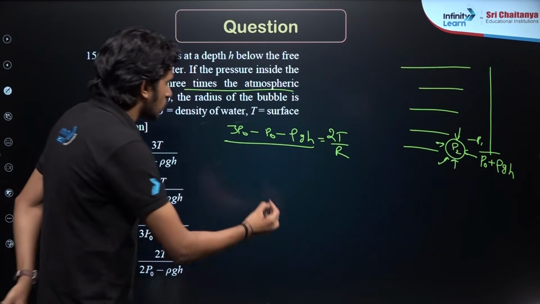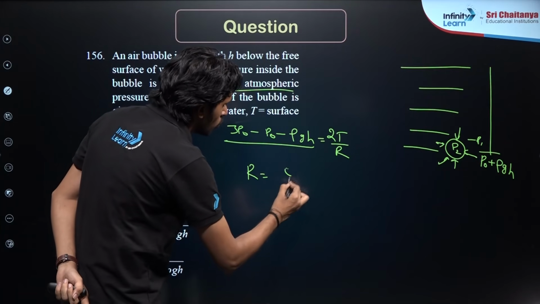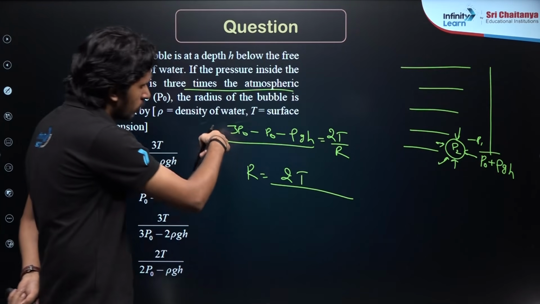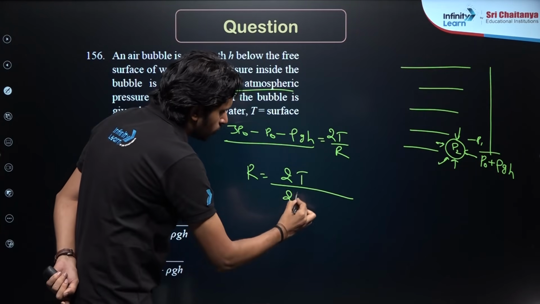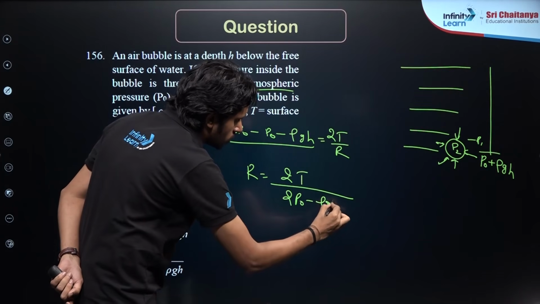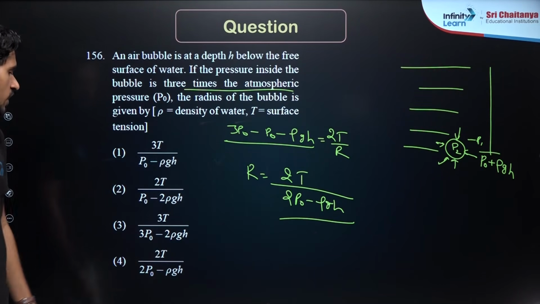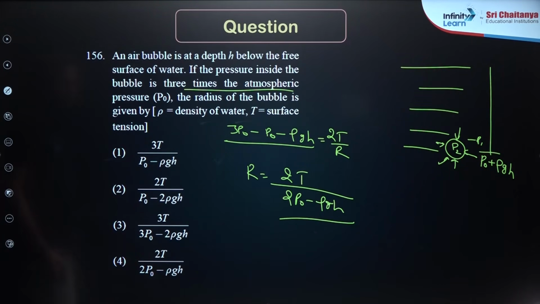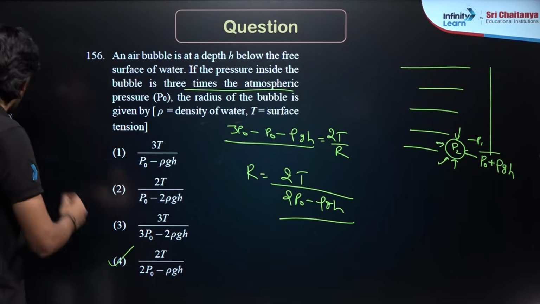The radius. So R would be 2T upon 2 P naught minus rho gh. Option 4. I hope you understood.